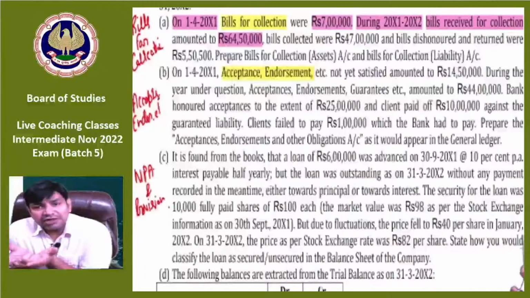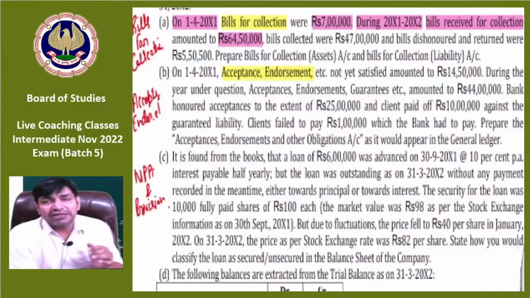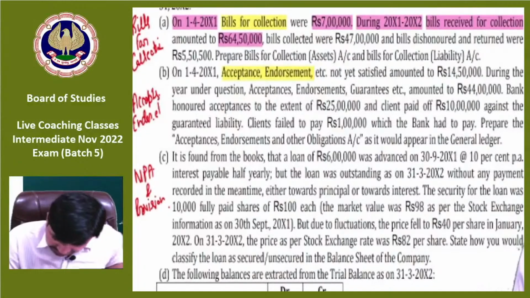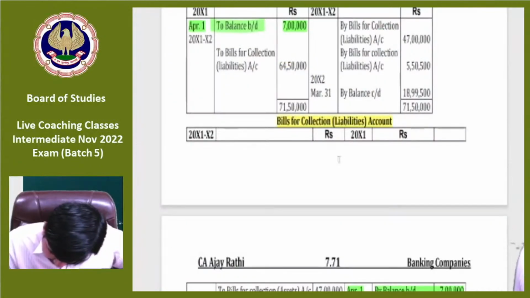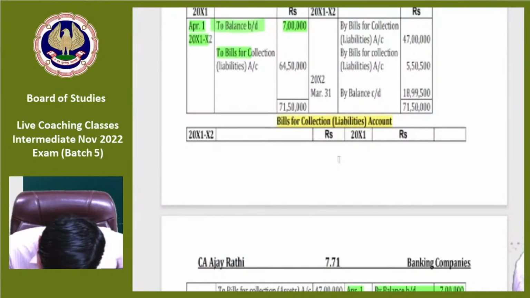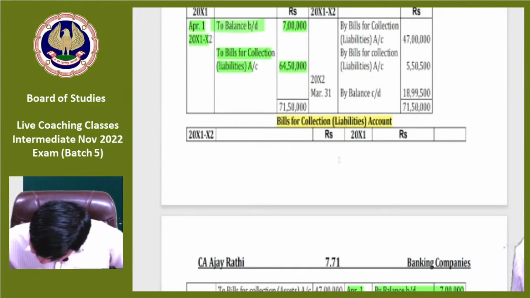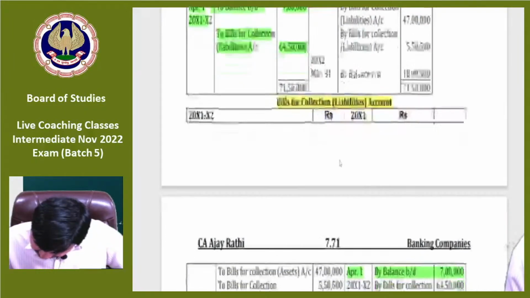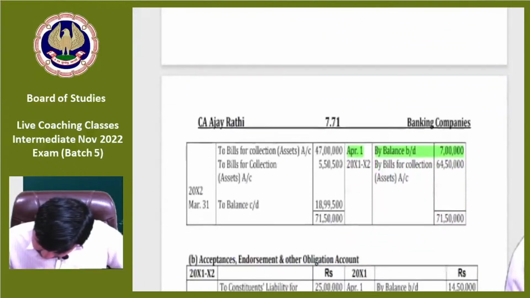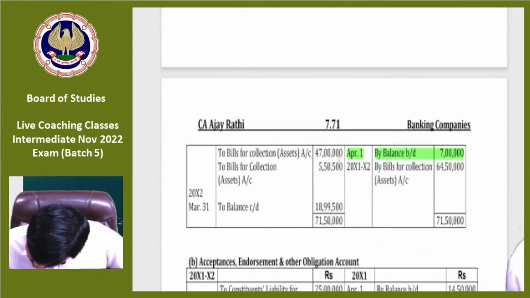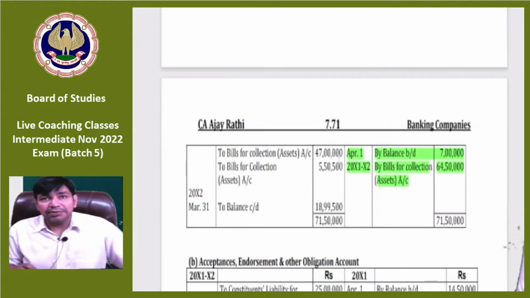Bills for collection assets account debit, and to bills for collection liability. The corresponding credit is given to liability by debiting the assets. In the same way, in case of the liability account, we are doing the posting on the opposite side.